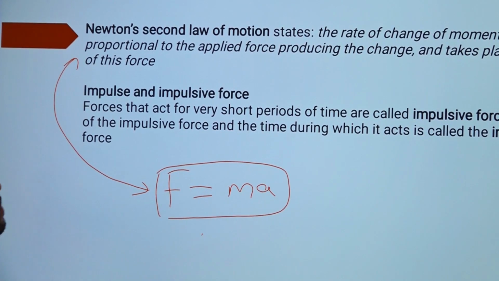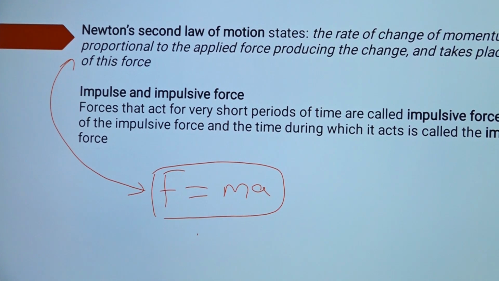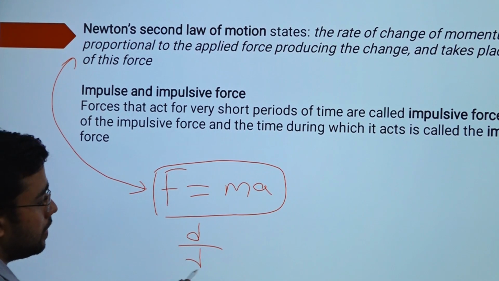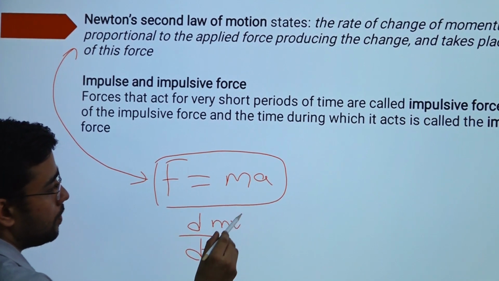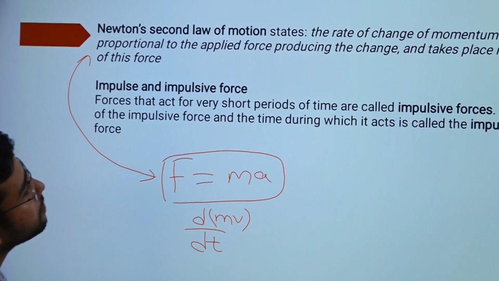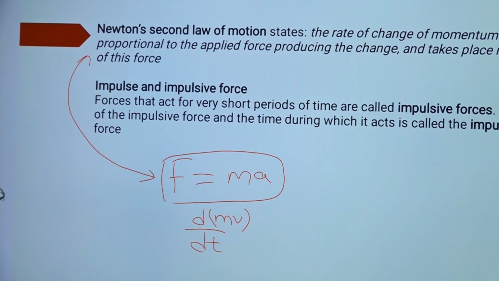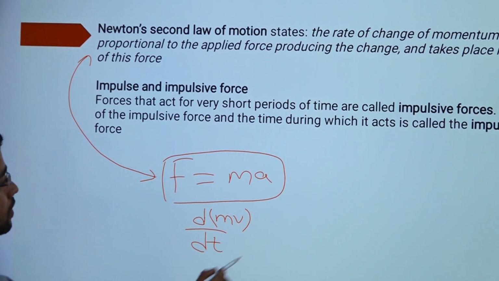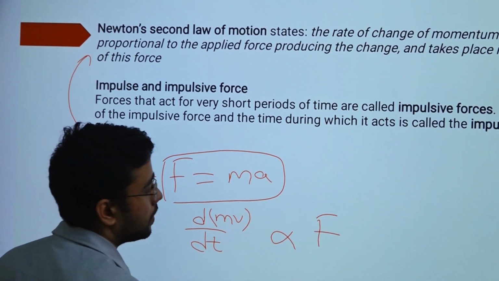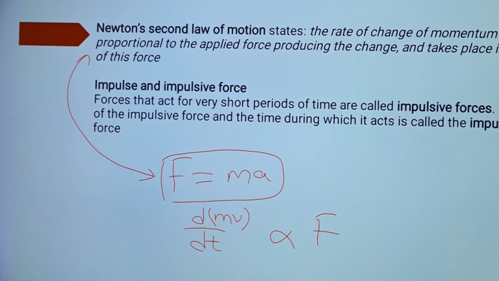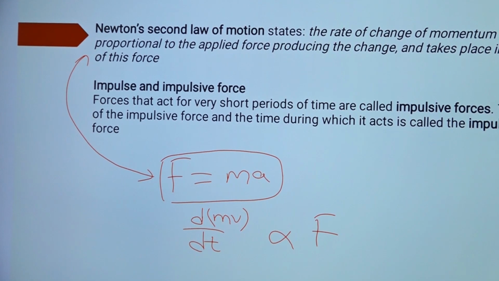What they say, the rate of change of momentum, d by dt of momentum, mv is the momentum, is directly proportional to the applied force, producing the change and takes place in the direction of this force, right?